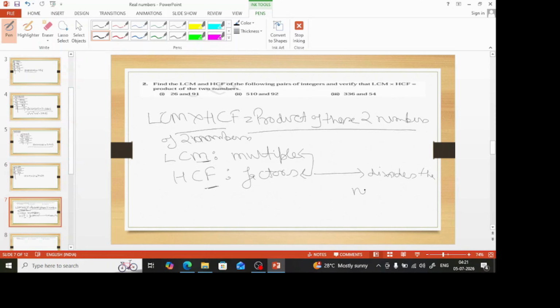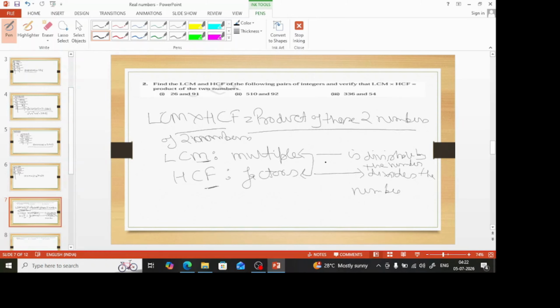A multiple is divisible by the number. The least common multiple is a multiple, meaning a number which is divisible by the number. A factor divides the number, or a multiple is divisible by the number.